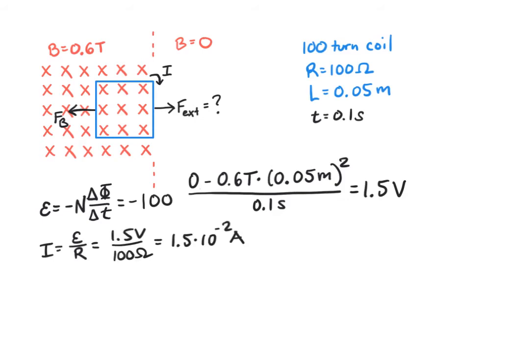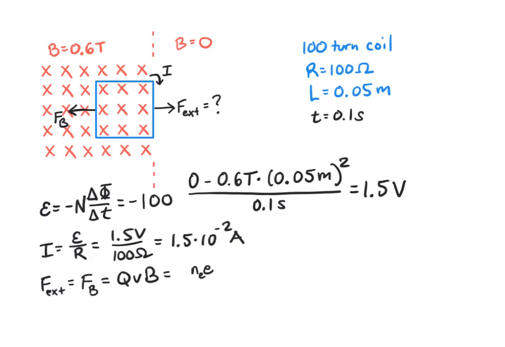And in order for the coil to move at a constant speed, the external force applied has to be equal in magnitude to the magnetic force on our coil. That's equal to the total charge moving along that section of our coil times how fast they're moving times the strength of the magnetic field. Normally we would write the total charge moving along that section as the number of electrons times the charge of an electron.